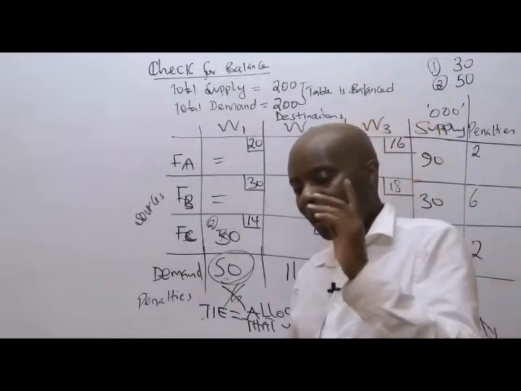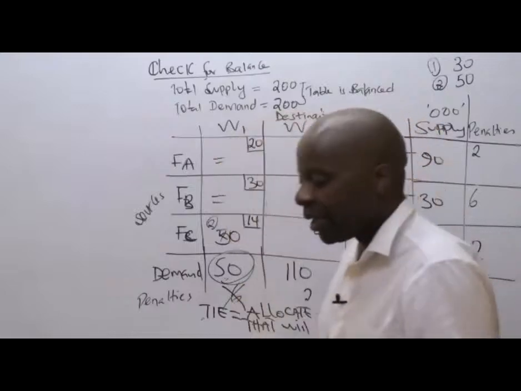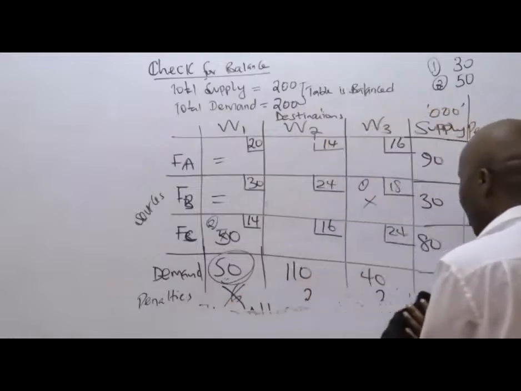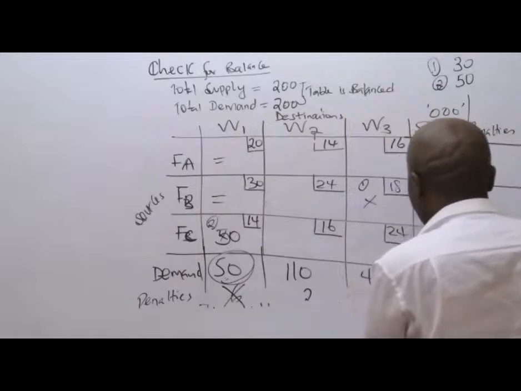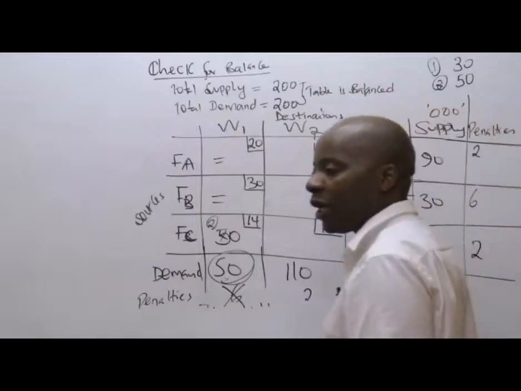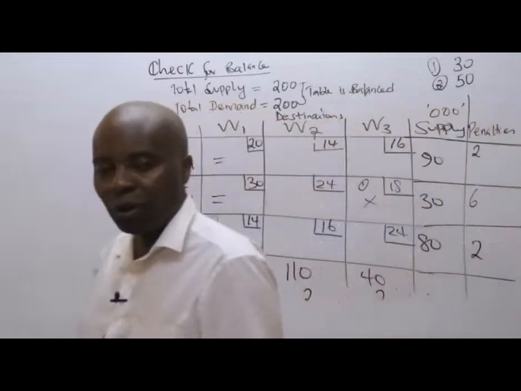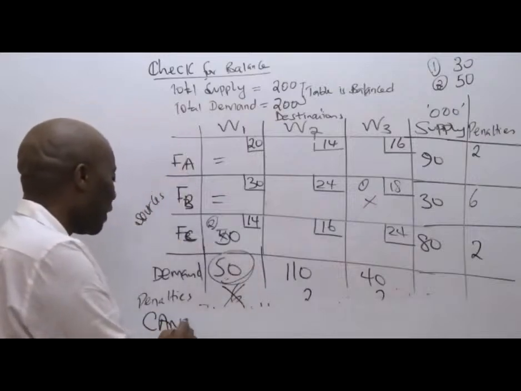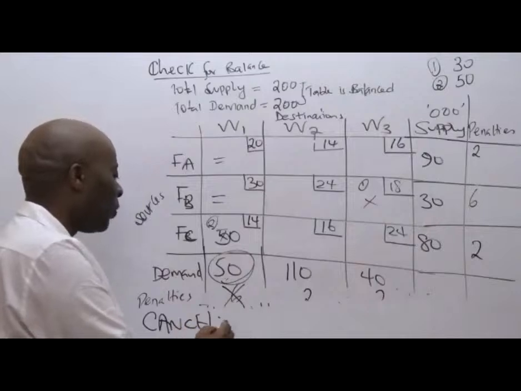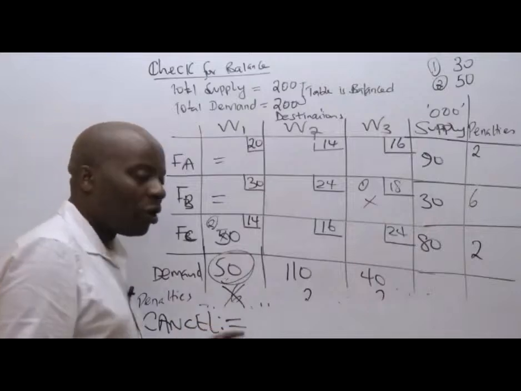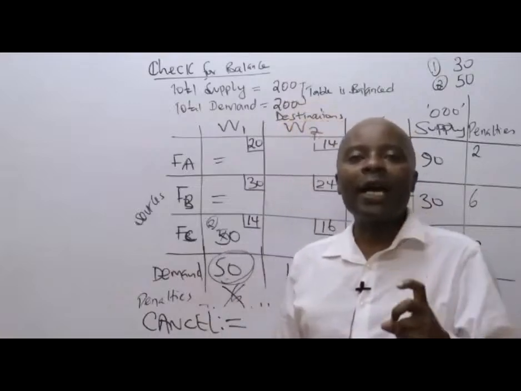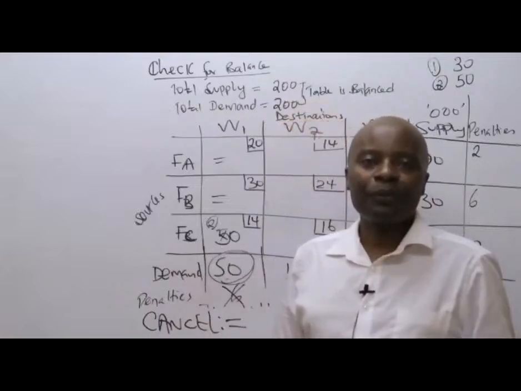Now, ladies and gentlemen, listen. When you cancel a penalty, there is a rule which is very important. Whenever we cancel a penalty, always recalculate penalties for the entire table afresh.